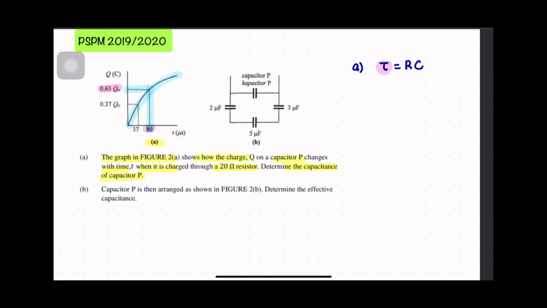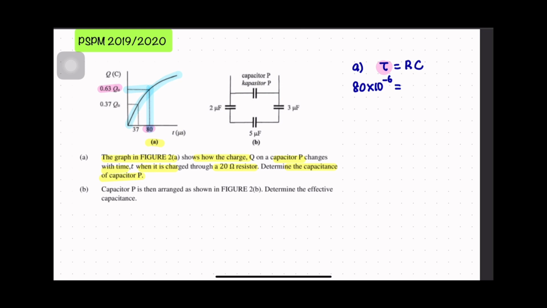Okay, so tau is equal to RC, and tau is 80 microsecond, tulis 80 kali 10 negatif 6.